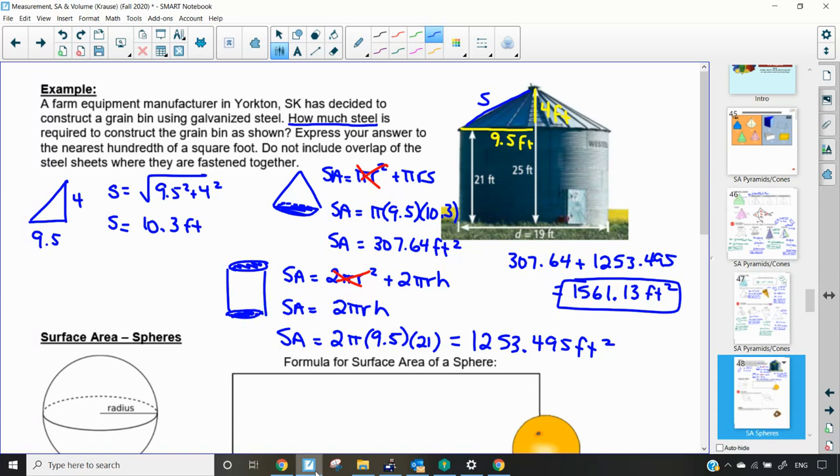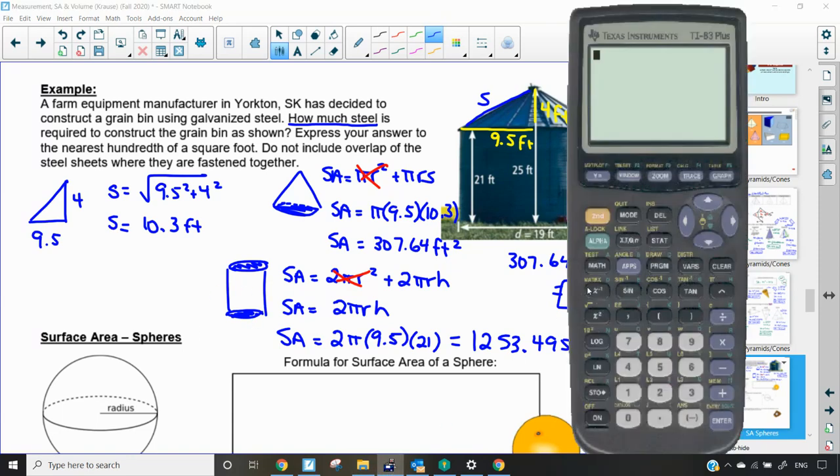All right, so let's take a look at what this would look like on our calculator. We start off by finding our slant height. So second root, 9.5 squared plus 4 squared gives us that 10.3, and we're going to keep that exact when we multiply by our 9.5 and our pi. So times 9.5 times pi gives us 307.64.